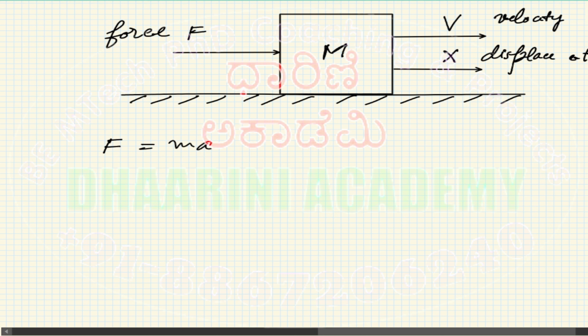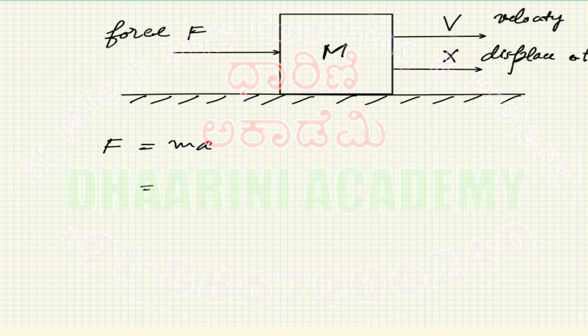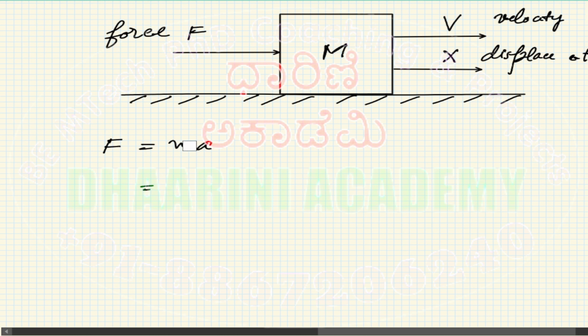We know about this, correct? I think I wrote capital M, so let me follow the same notation throughout: F is m into a.